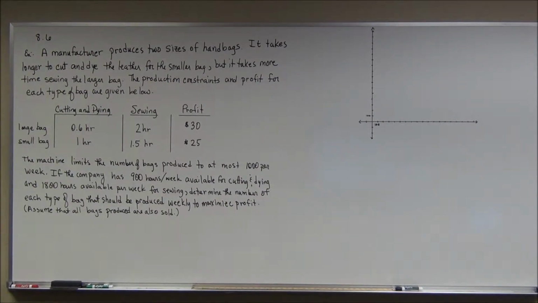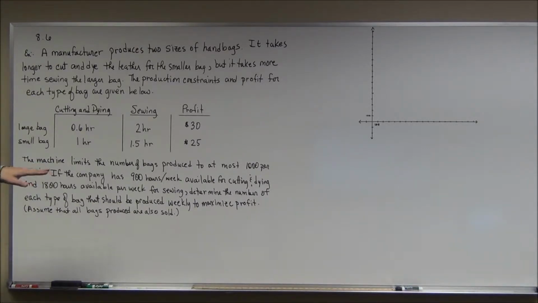The machine limits the number of bags produced, because these are not cut typically by the human hand, they're usually done by machines. The machine limits the number of bags produced to at most 1,000 per week.